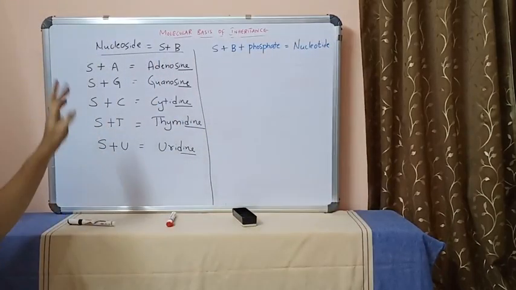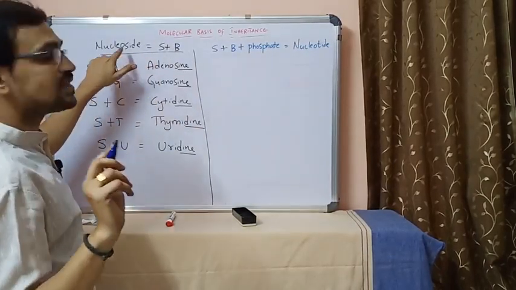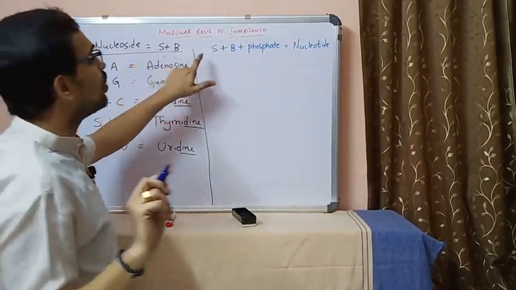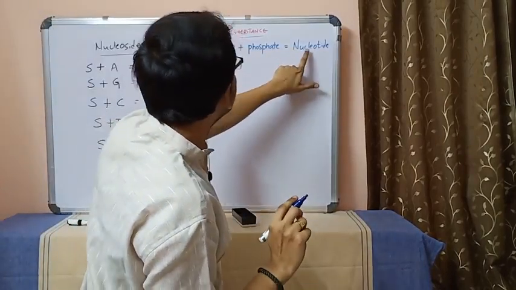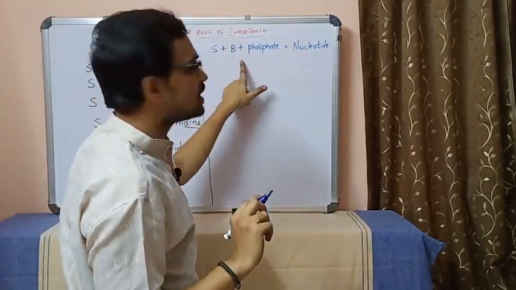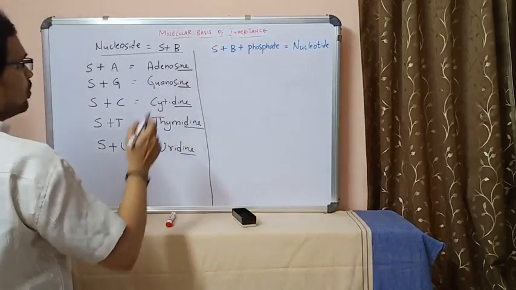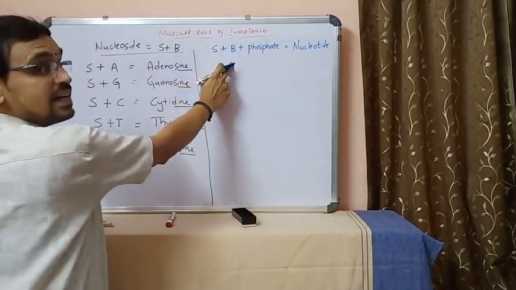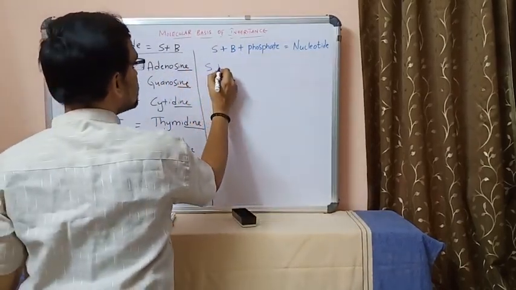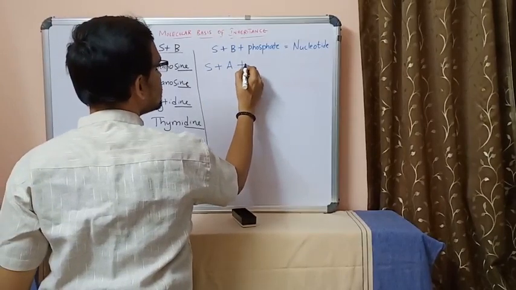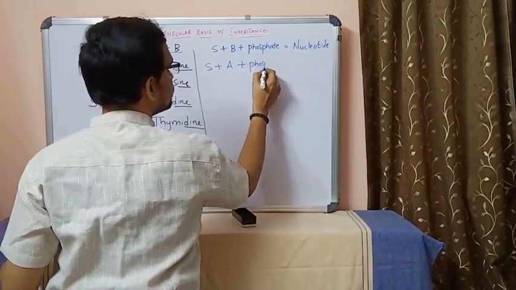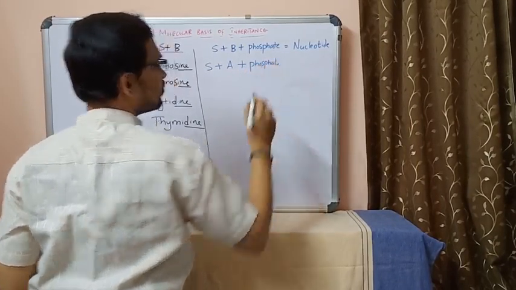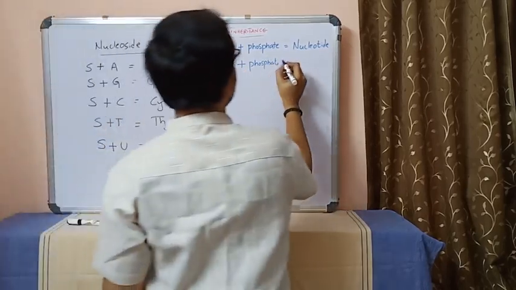You should know the difference between nucleoside and nucleotide first. Nucleoside is sugar plus base. Nucleotide is sugar plus base plus phosphate. So if the base is adenine, sugar plus adenine plus phosphate, then it is called adenylic acid.